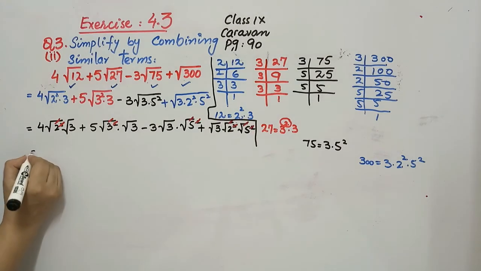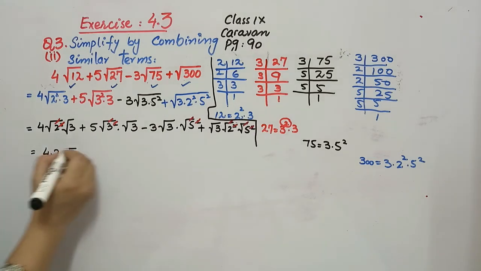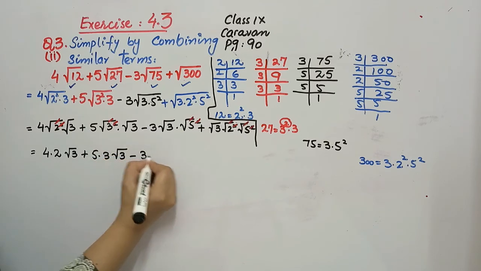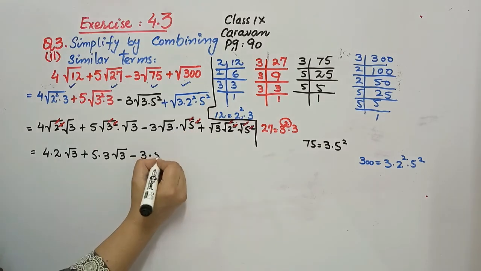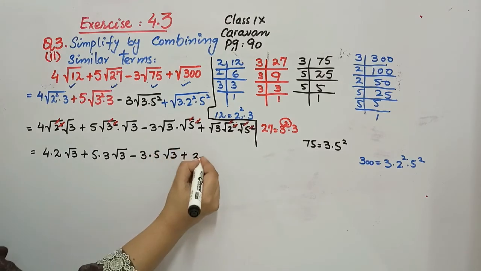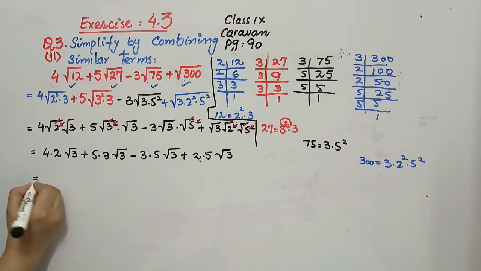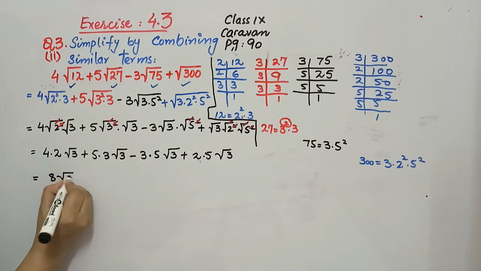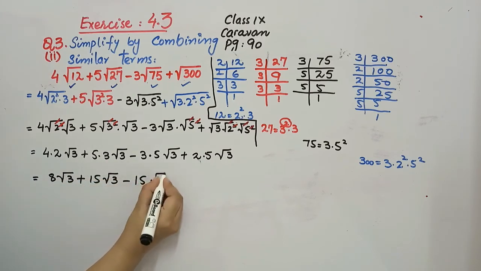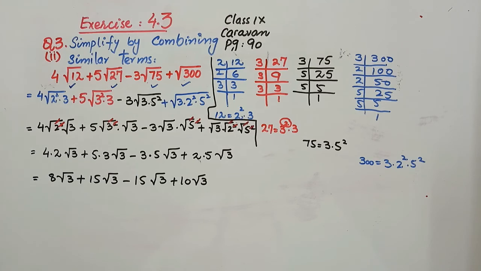So the remaining will be 4 into 2 square root of 3 plus 5 into 3 square root of 3 minus 3 into this one was left, plus 2 into 5 and square root of 3. So here you can see 4 2s are 8 plus 5 3s are 15 minus 15 plus 10 times square root of 3.